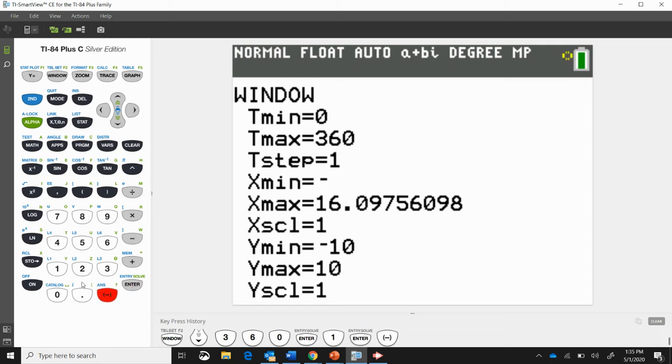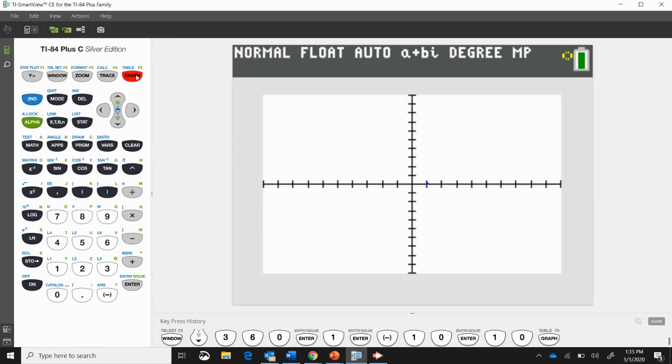My X min and X max, let's just do negative 10 to 10. And then we might scale that up or down depending on what we want to do. So now when you graph this, it's going to look a little elliptical, but see how it's going through 1, 0, 0, 1, negative 1, 0, and then 0, negative 1. That would mean that this is a circle.